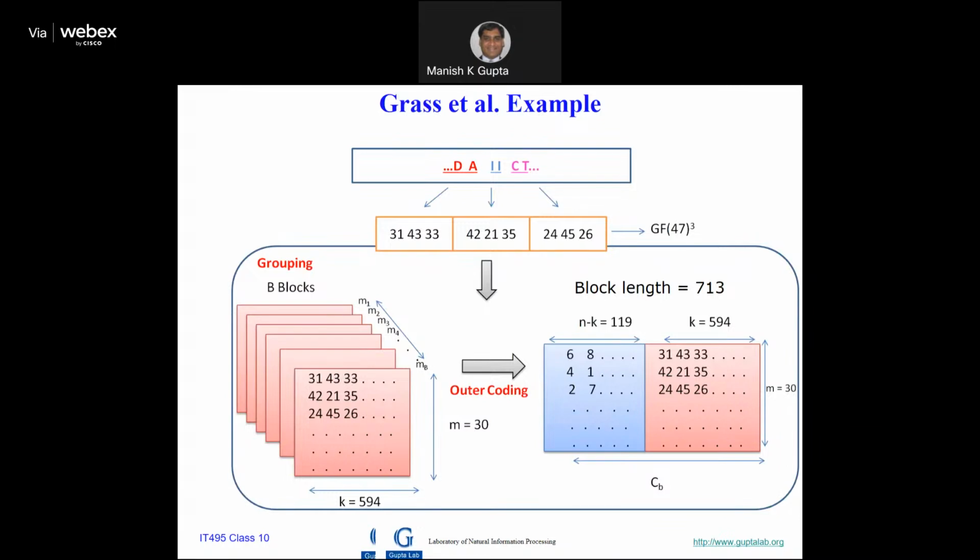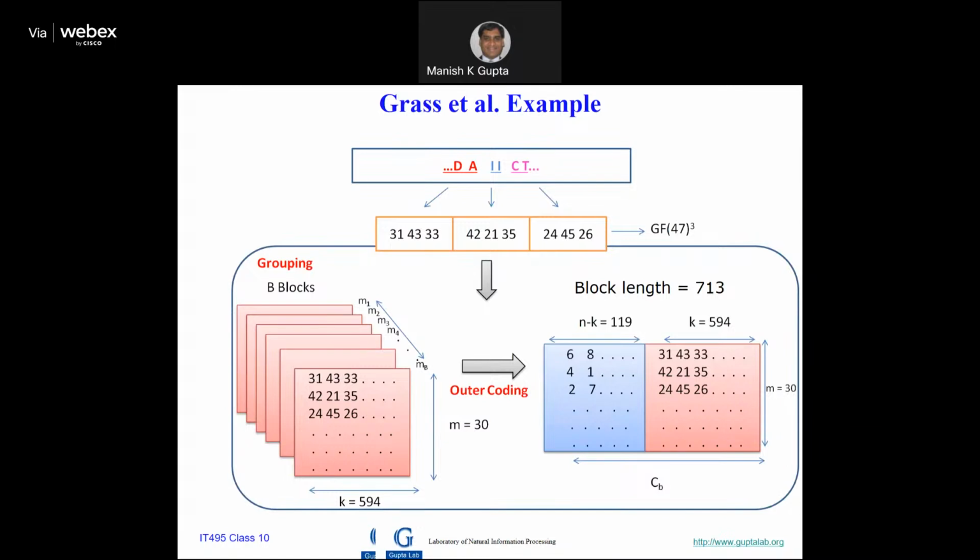One array, second array, third array, and how many arrays depends on the size of the data. So capital B depends on how many arrays there will be. Each array has size 594 into 30, another 594. These are the slices. The whole data stream is written in the form of these arrays.